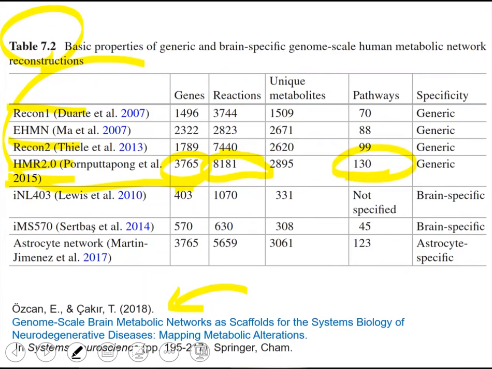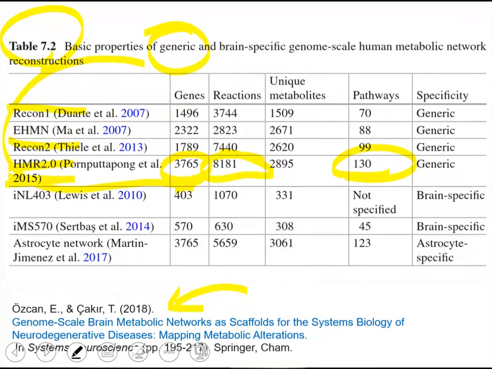My point is, these are all generic metabolic networks. If you consider human metabolism, the metabolism has differences in brain or in liver or in kidney. There are reactions that are active in kidney but not active in brain. There are pathways that are active in liver but not active in brain, for example.